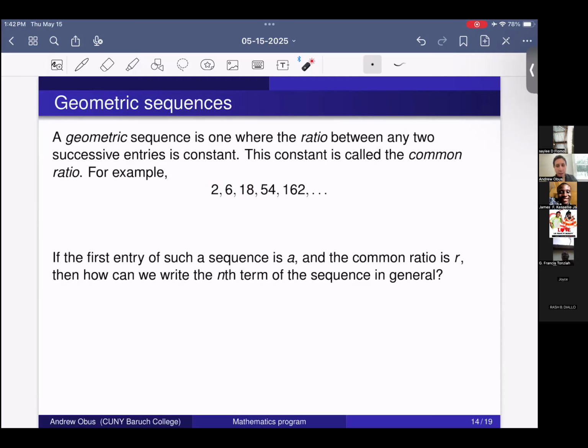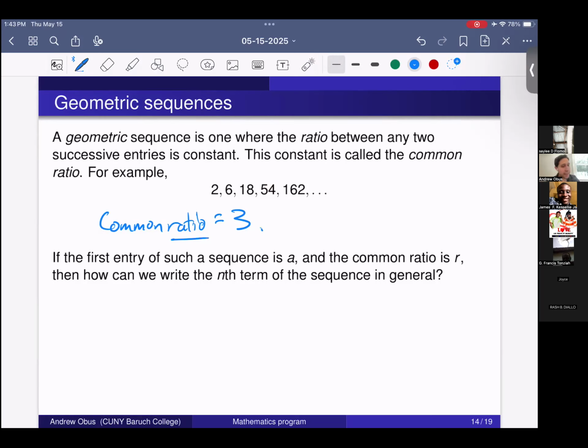If you notice the pattern here, each entry is 3 times the previous one, right? So we multiply 2 by 3 to get 6, multiply by 3 again to get 18, multiply by 3 again to get 54, multiply by 3 again to get 162. So in this case, the common ratio is equal to 3. This is a common ratio instead of a common difference.